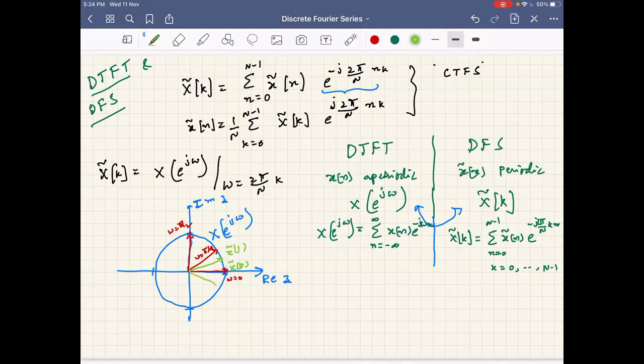If the period of the discrete periodic signal is capital N, then you will be taking 0 to N minus 1, that is N distinct locations. You will be sampling this X(e^jω). So now let us see, is this really sampling? And this is, visualization-wise, how you are sampling here to get the frequency coefficients.